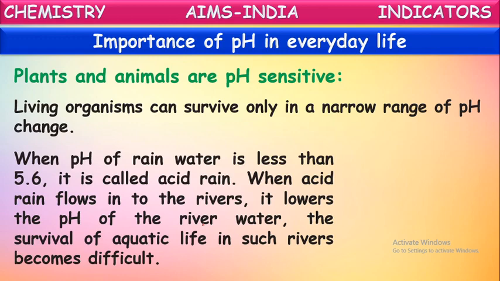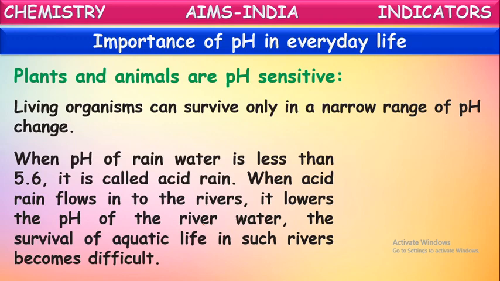When acid rain flows into the rivers, it lowers the pH of river water. The survival of aquatic life in such rivers becomes difficult. As this rainwater is acidic in nature, it reaches the rivers and dissolves in them. So the aquatic animals living in the water face some difficulty by consuming this water with a pH less than 7.